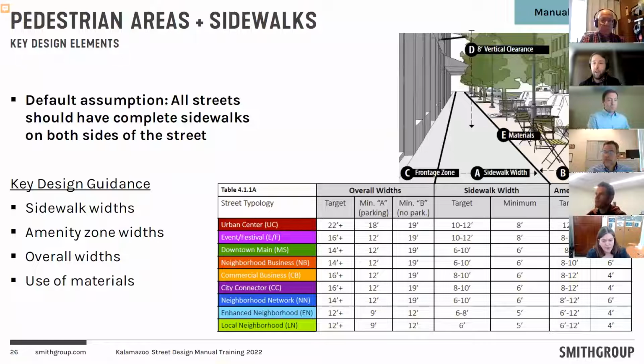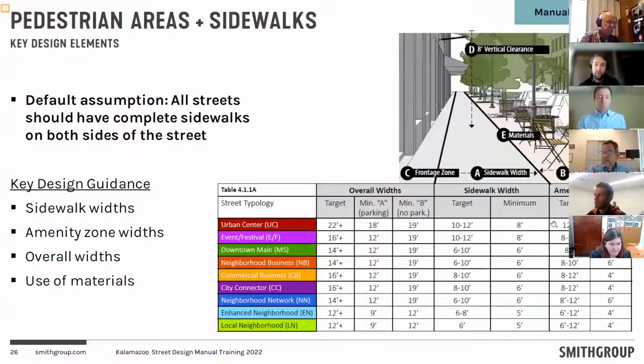And so having the amenity zone have enough width that you can put in street light poles or street trees or things like that, and have it offset enough from the roadway that you can actually accommodate those, is a good thing, just from a pedestrian comfort and safety standpoint.